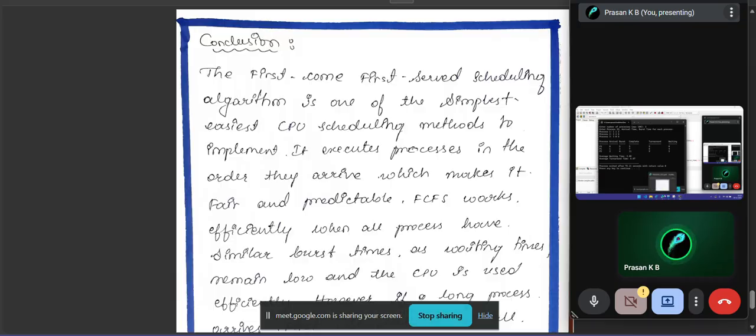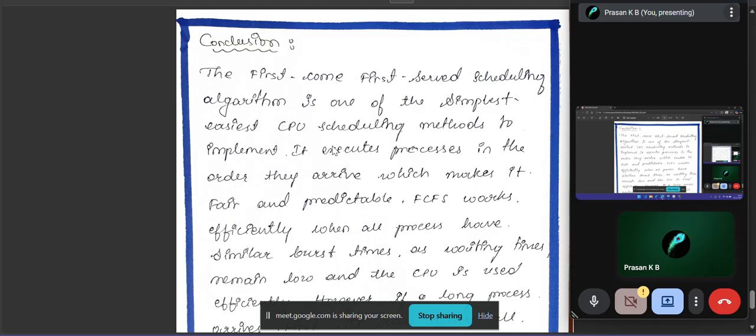Next we will move on to the conclusion part. Here in the conclusion, the FCFS scheduling algorithm provides a simple and direct approach to process scheduling in operating systems. Through this assignment, the algorithm was successfully implemented and all key performance metrics were accurately calculated.